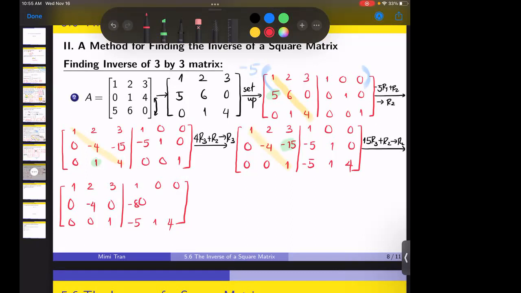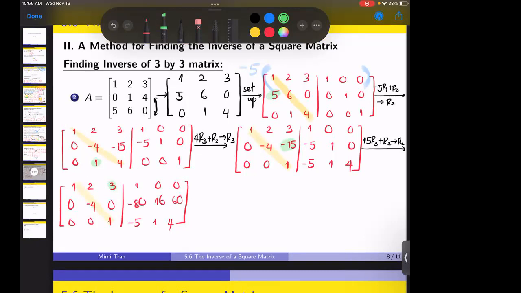I lost track. 15 times 1 is 15 plus 1 is 16. And 15 times 4 is 60 plus 0 is still 60. What's next? Yeah, the 3, 0. Just keep track of things, right?